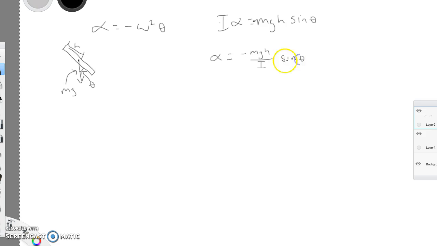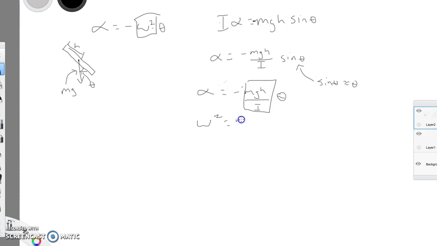times sine theta. Okay? And so, from here, remember last time we said that when theta is really small, sine theta is approximately equal to theta. So alpha equals negative mgh over I times theta. So omega squared, right? I'll slow down. This piece here is this piece here.